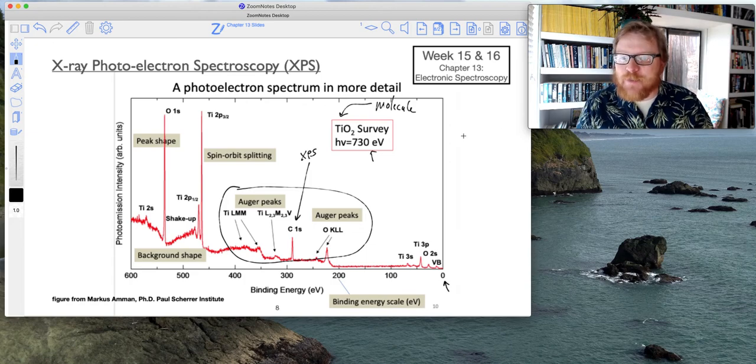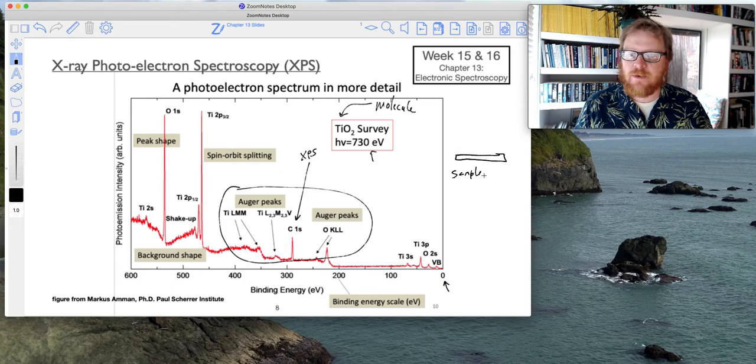And the answer is because when you put your sample on the manipulator stage, so right, this is our, I'll just call it the sample stage, right? And here is our analyte, okay?